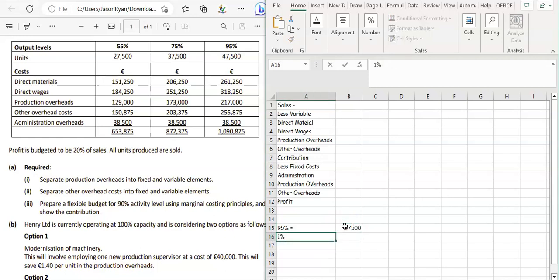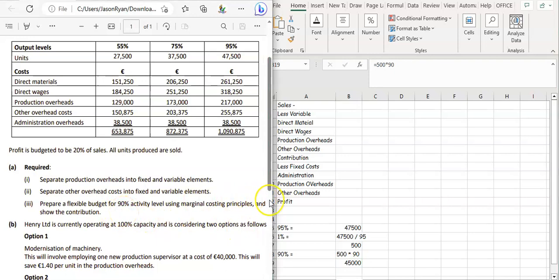So 1% is equal to 47,500 divided by 95. And then we're looking for 90%, as per the question. So 90% is equal to 500 multiplied by 90. So 45,000 units are going to be produced at 90%.